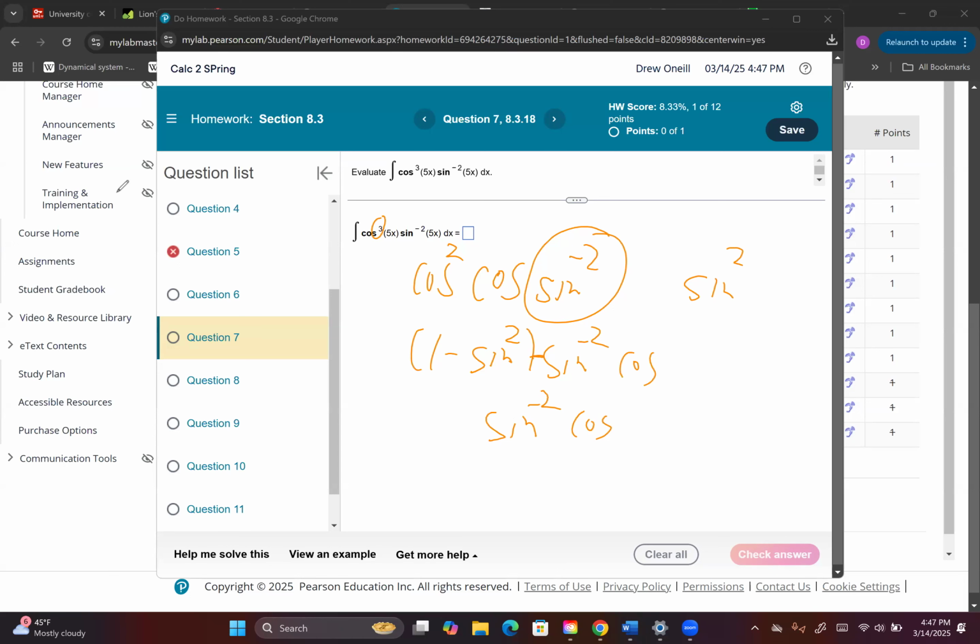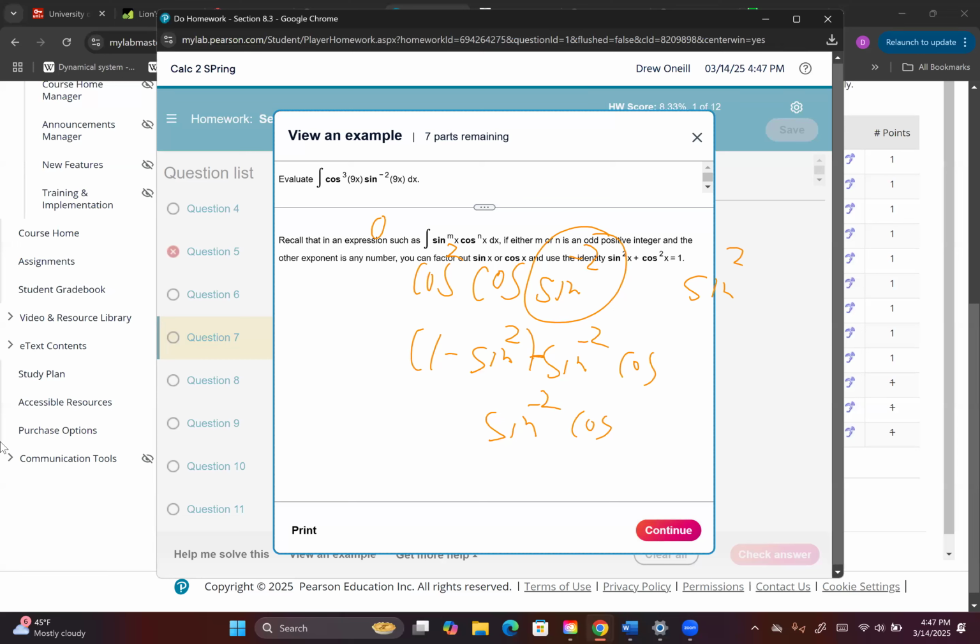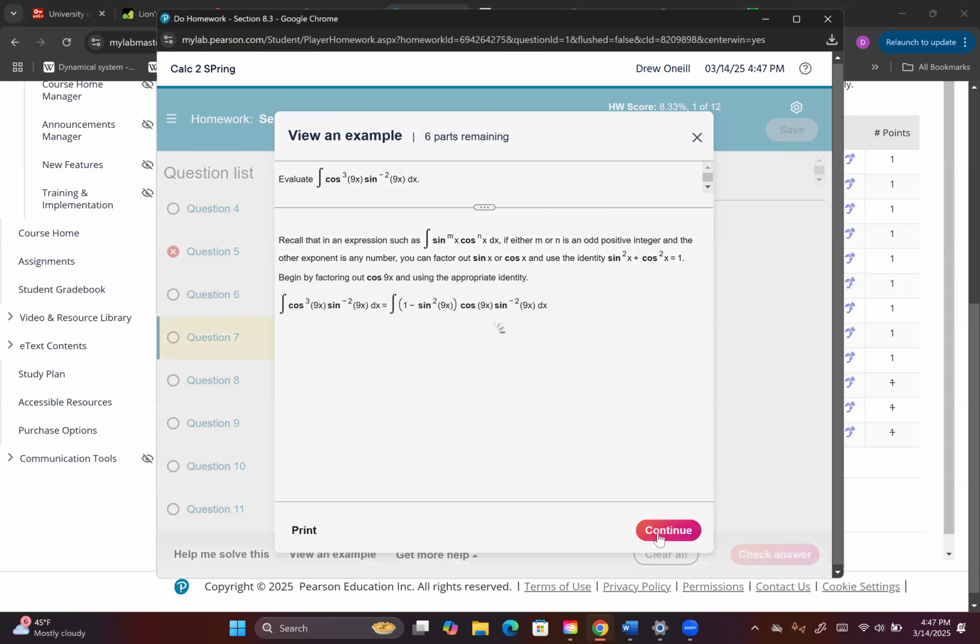So maybe I'll walk you through the view an example. Let's see what they do. They're using a rule, which is sort of what we just applied, and they did the same thing. So if you see in view an example, it's the step we just did. They wrote it like that, okay? And then let's go a step further.